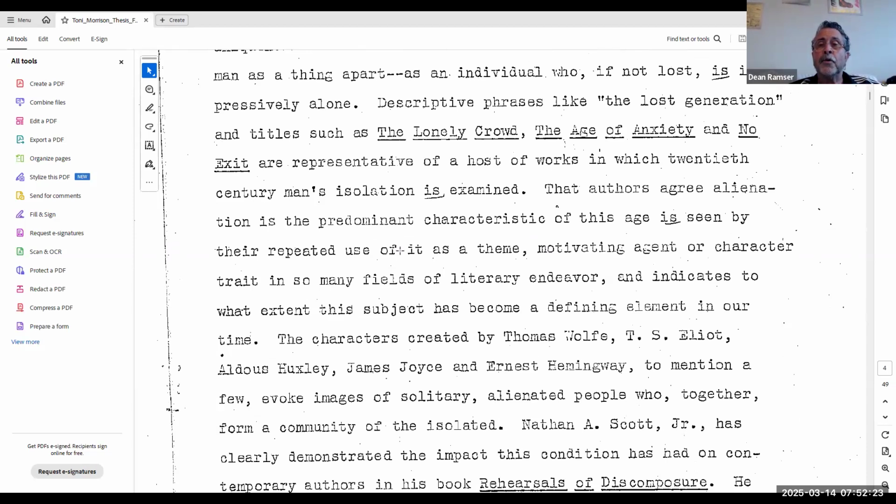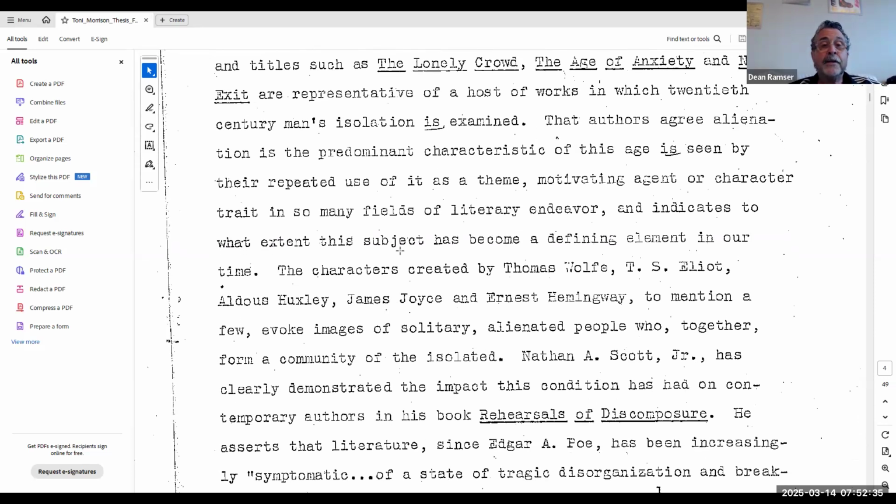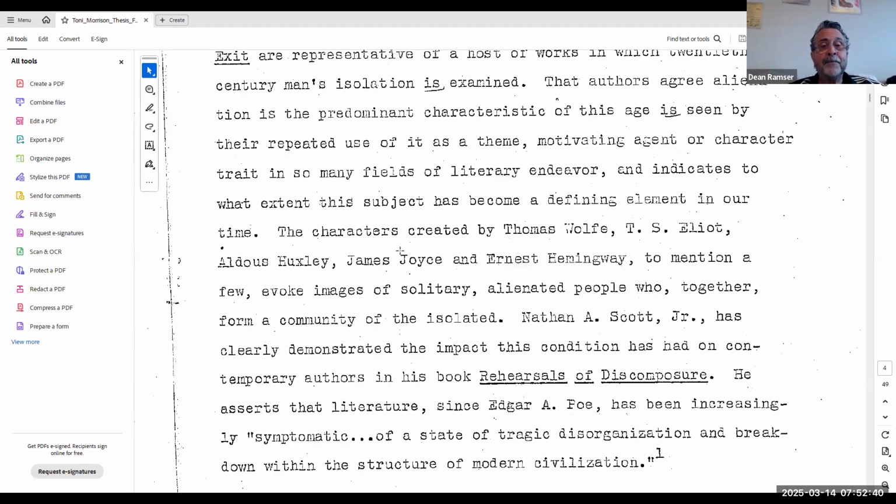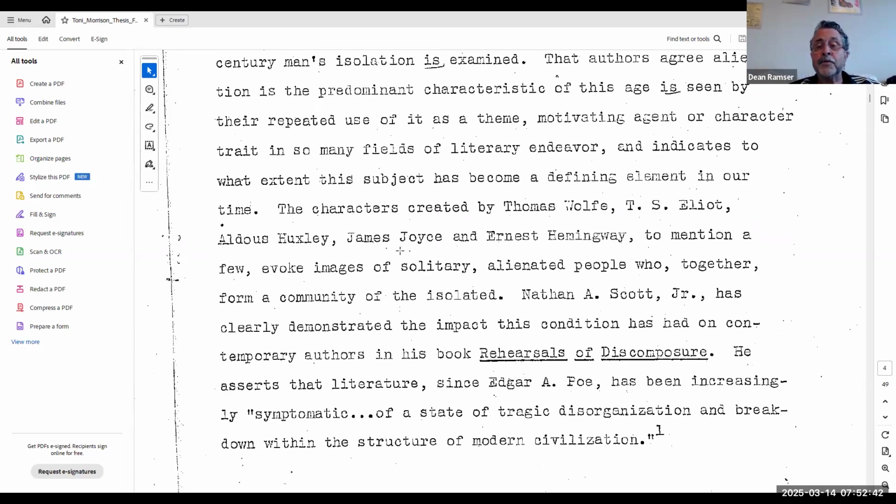That authors agree alienation is a predominant characteristic of this age, as seen by their repeated use of it as a theme, motivating agent, or character trait in so many fields of literary endeavor, indicates to what extent this subject has become a defining element in our time. The characters created by Thomas Wolfe..." More context, right? More of the environment that this essay by Toni Morrison is going to be looking at, certain texts.